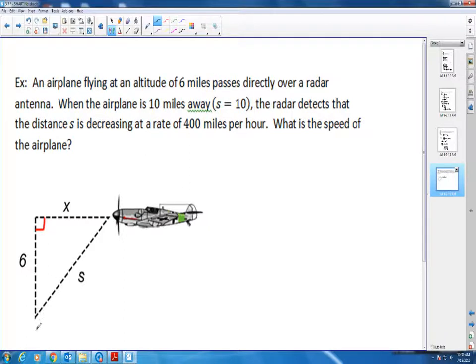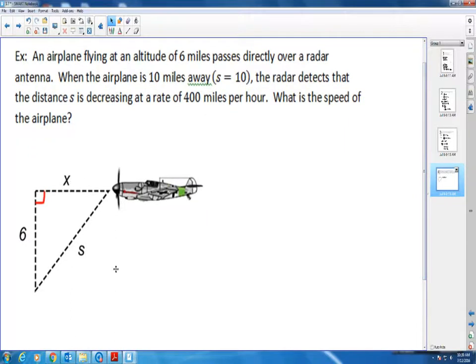So the antenna is 6 miles up. My airplane is going towards my antenna, and this distance s is decreasing at 400 miles per hour. So what is the speed of the airplane? When the airplane is 10 miles away, what is this x direction up top? To find this x, we know s is at 10.